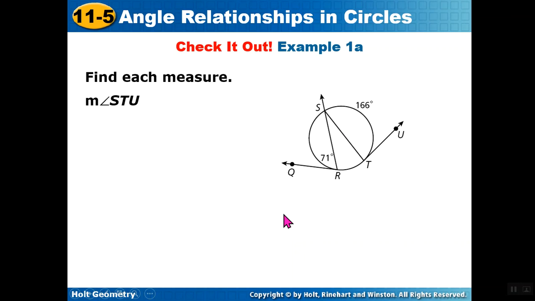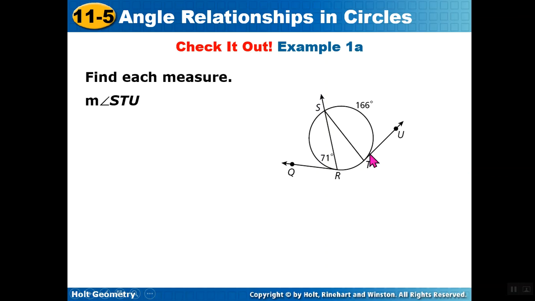Okay, check it out. Find each measure again. Measure of angle STU. What is the relation, or what is the intersection here? It is in between secant and tangent. Tangent and secant intersect on a circle at the point of tangency.